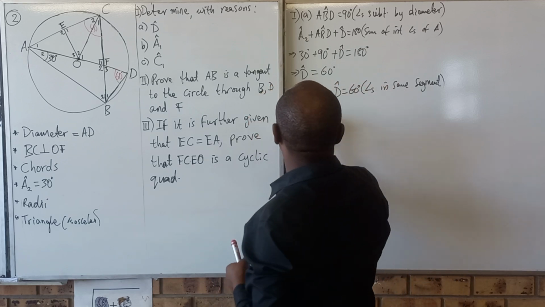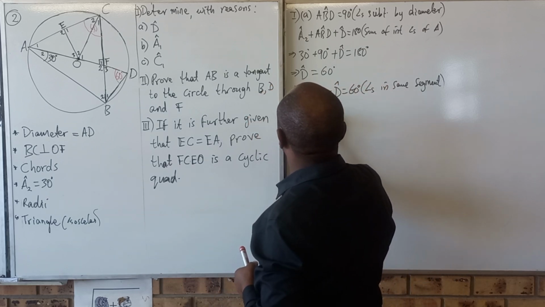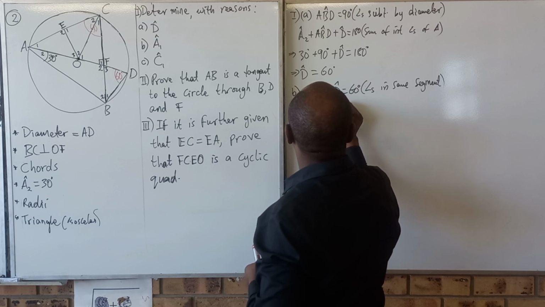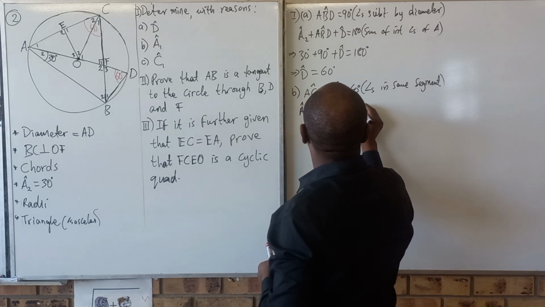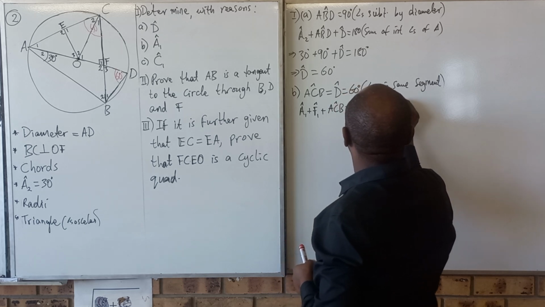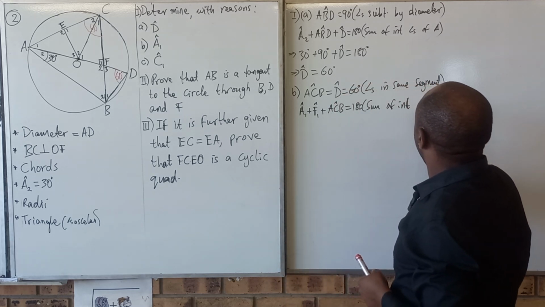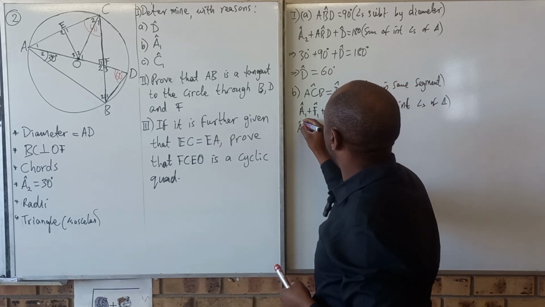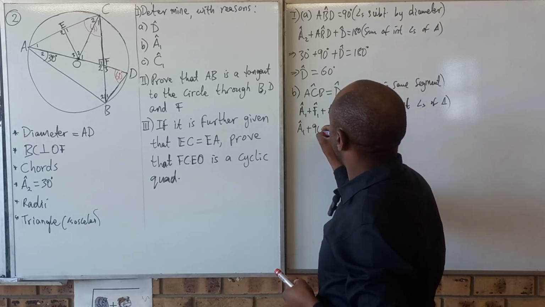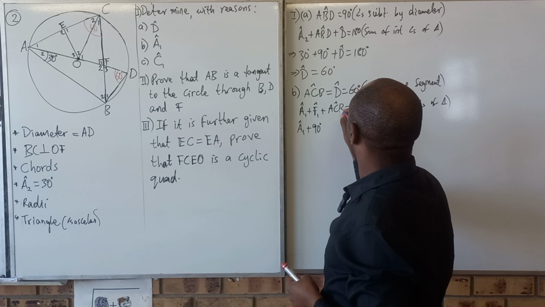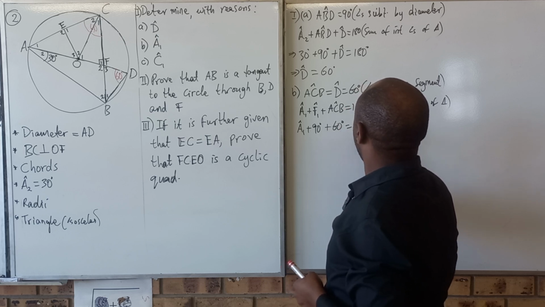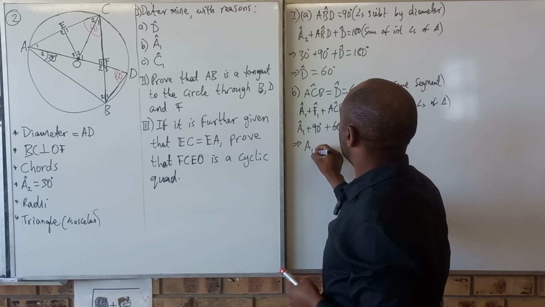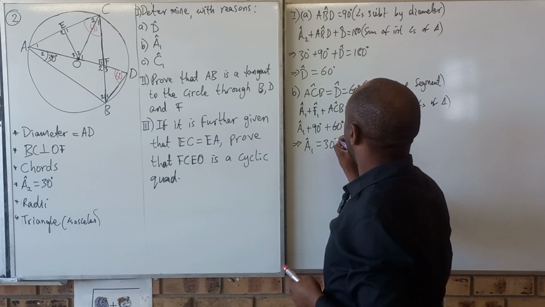So we will see that A1 plus F1 plus ACB is equal to 180, and we've just calculated this one to be 60, equal to 180, and that immediately tells us that A1 is equal to 30.